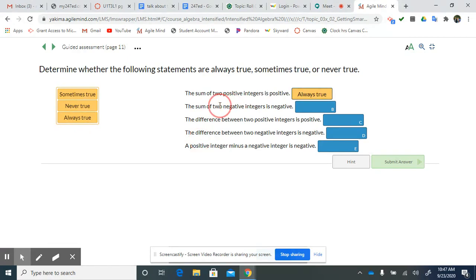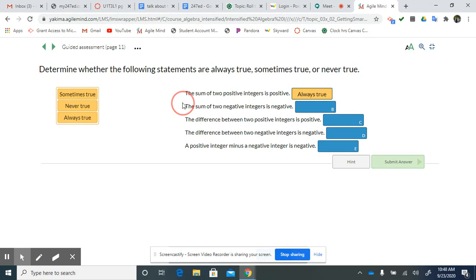So on your paper, I don't want to rewrite all these sentences, so let's just shorten them down. The sum of two positive integers, so we're adding two positive integers. Why don't we use variables and write P for positive? So on your paper, write P plus P equals P, meaning positive number plus positive number equals positive number.